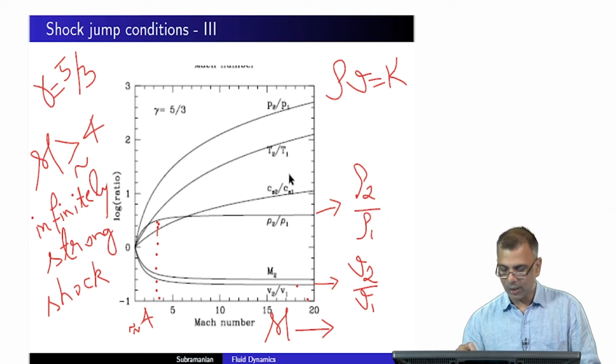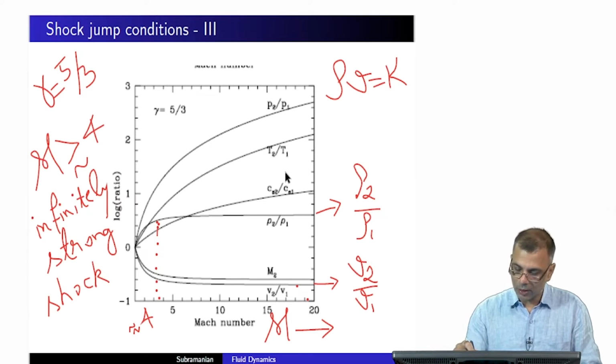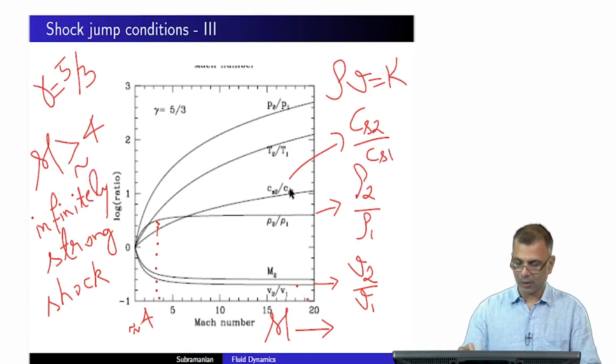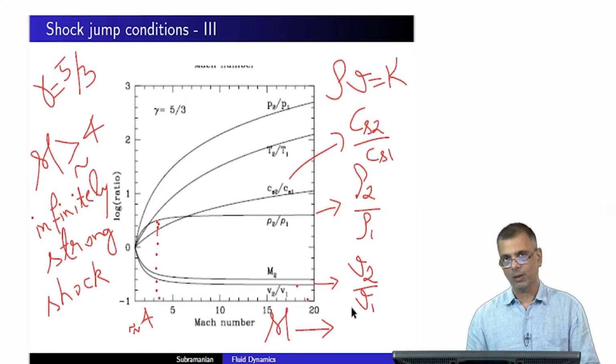The sound speed ratio, cs2 over cs1, keeps increasing. There is no plateauing of the sound speed ratio, but the increase is quite gentle with increasing Mach number.